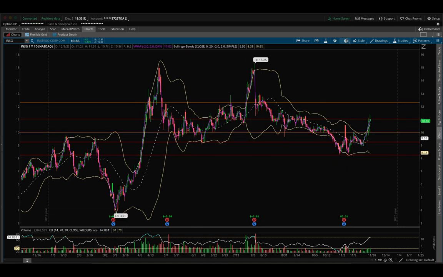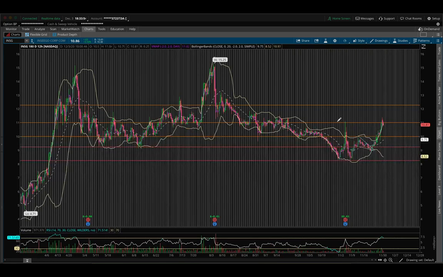Another indicator I like to look at when deciding if I'm going to enter a position is the Bollinger Bands. If these are wide, that represents volatility, and that comes from a strong run with a lot of volume, or from a sharp drop off with a lot of volume as well. That's your volatility.